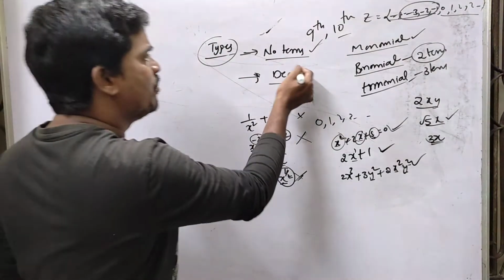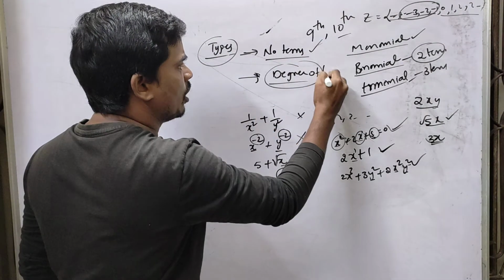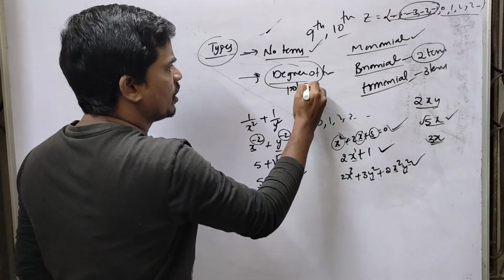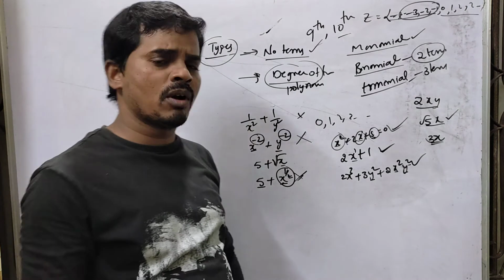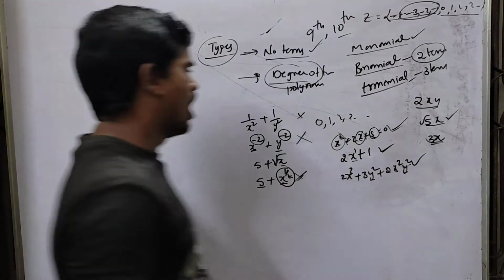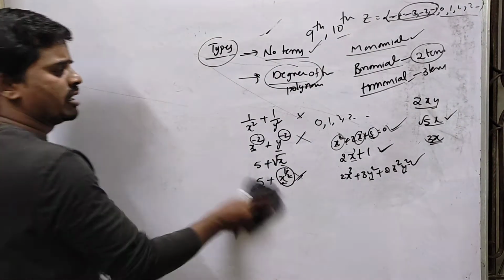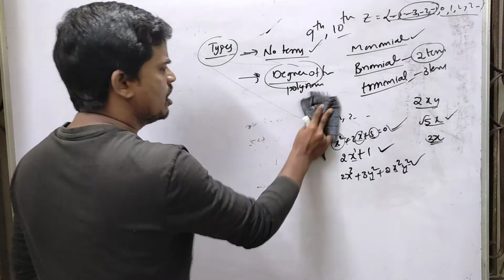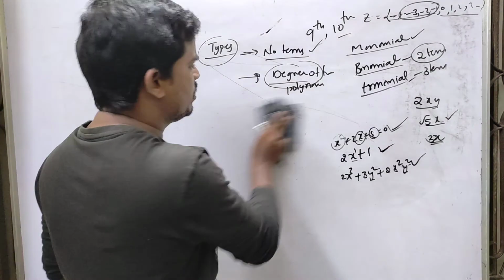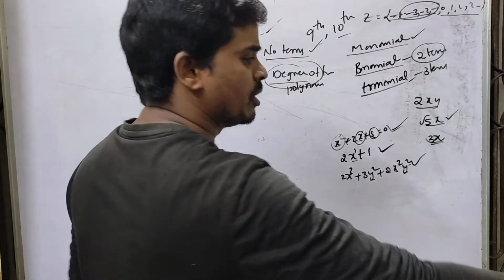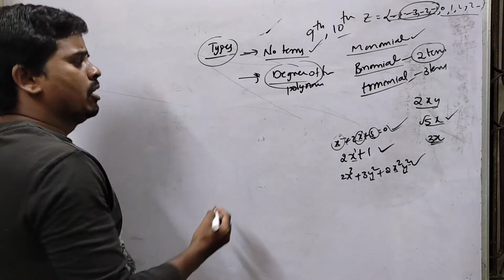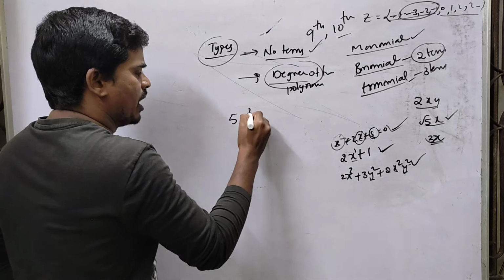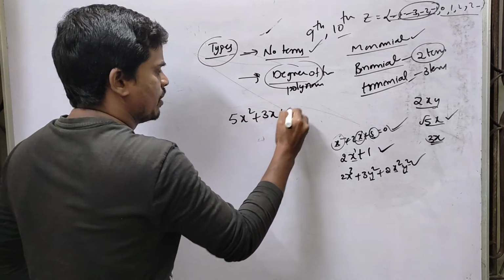Okay. Next. So this is the one classification. Another classification is based upon the degree of the polynomial. Before going to these polynomial types, we have to know what the degree of the polynomial is. It's very simple, students. Suppose I am writing 5x square plus 3x plus 1.